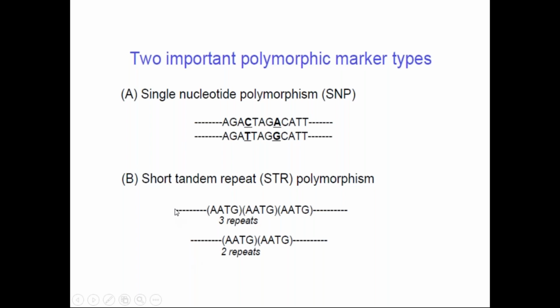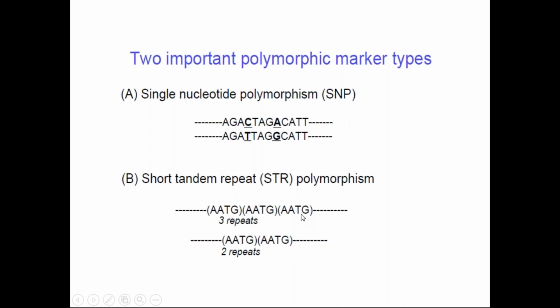In the first individual there is an ATGC sequence, here also an ATGC sequence, but in this DNA there are 3 repeats, and in this DNA there are 2 repeats. This type of variation between these 2 individuals is known as variation in terms of length. So this STR length is larger as compared to this one.